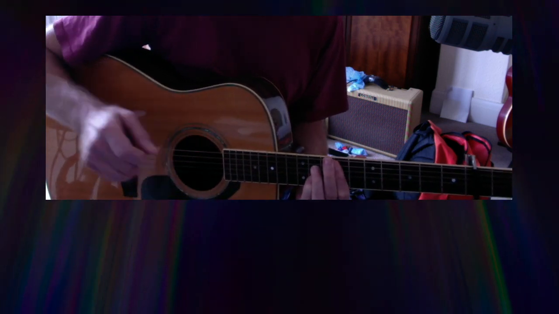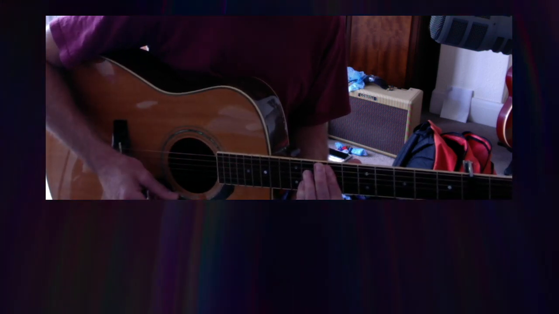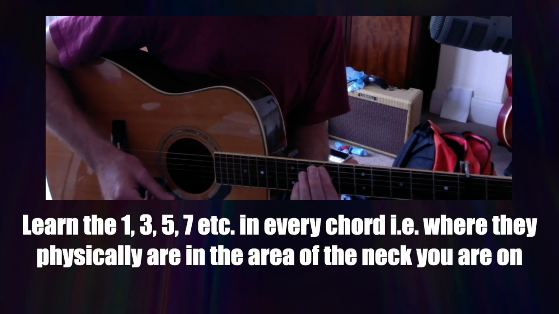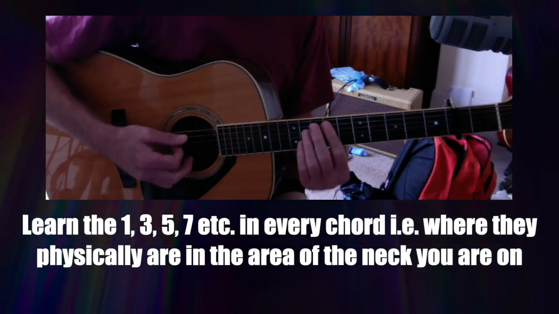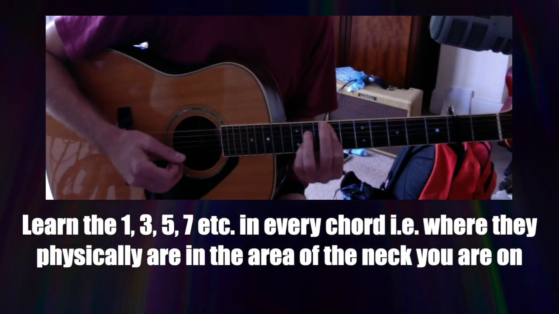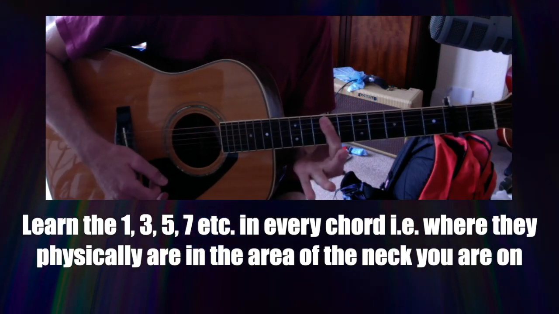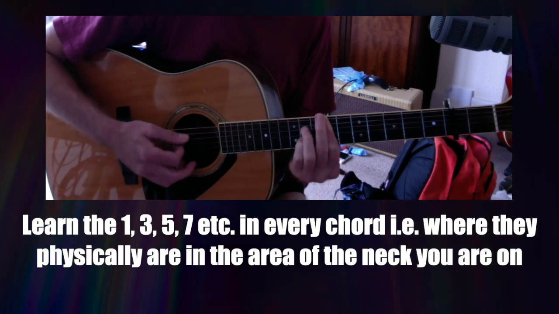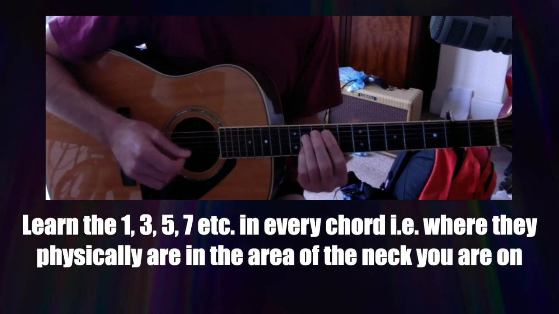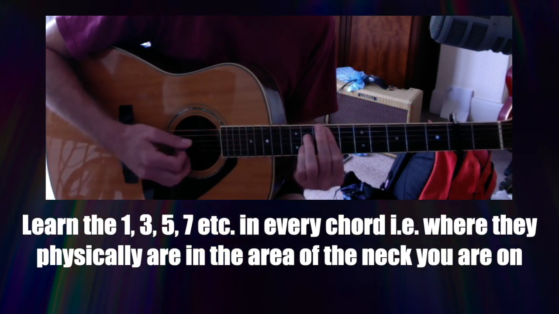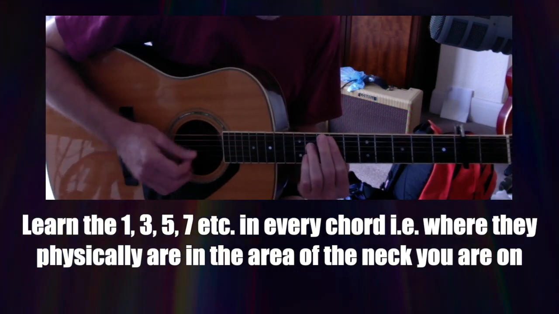So when you learn a chord shape, when you play a chord shape, it's really good to know all the notes in that chord, regardless of whether you're actually playing them or not. In other words, here, that's a standard bar chord, isn't it? Standard bar dominant chord. Bar, couple of fingers above it. So we have notes that we are actually physically playing. But what's important is to actually know the arpeggio within that chord.